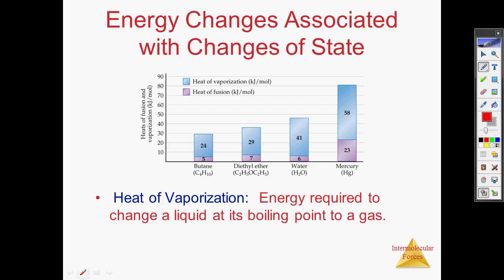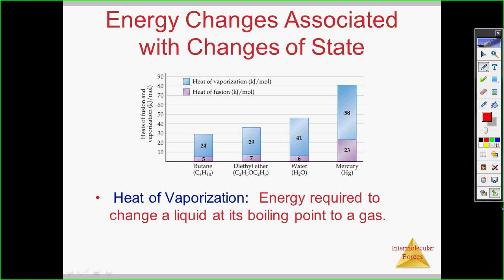All right, take a look. What is the relationship on this graph? Somebody tell me. As the heat of vaporization increases, the heat of fusion increases. All right, but why?